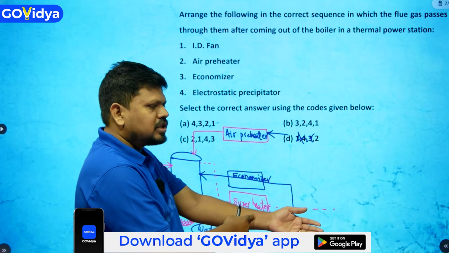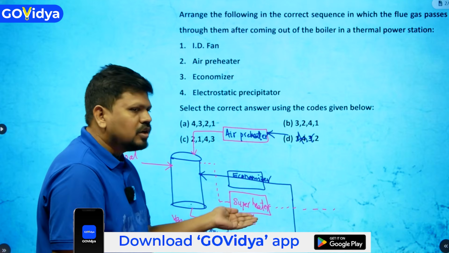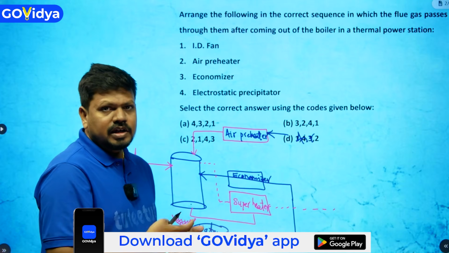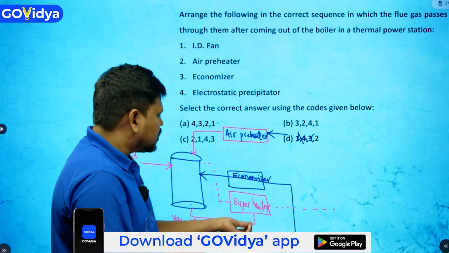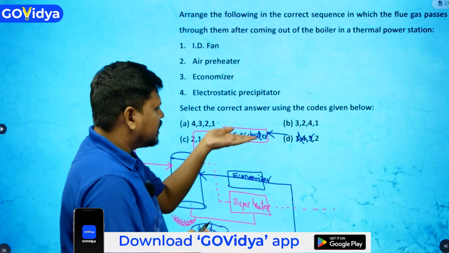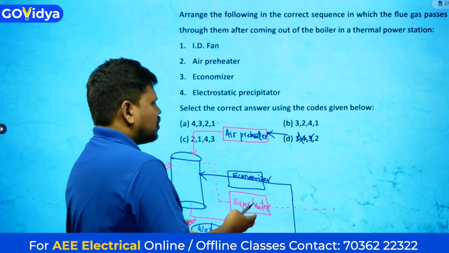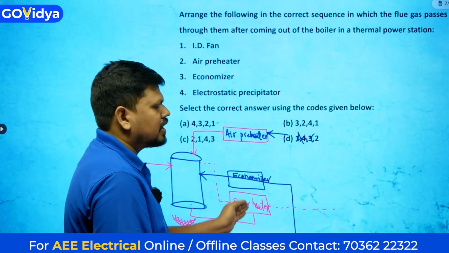So we utilize the heat of high temperature flue gases to increase the temperature of steam, of water, and of air. It is just like a feedback path, a heat feedback path we can call it.